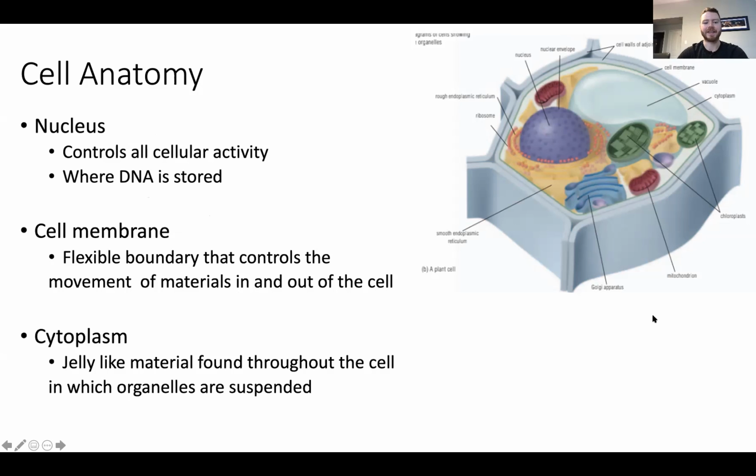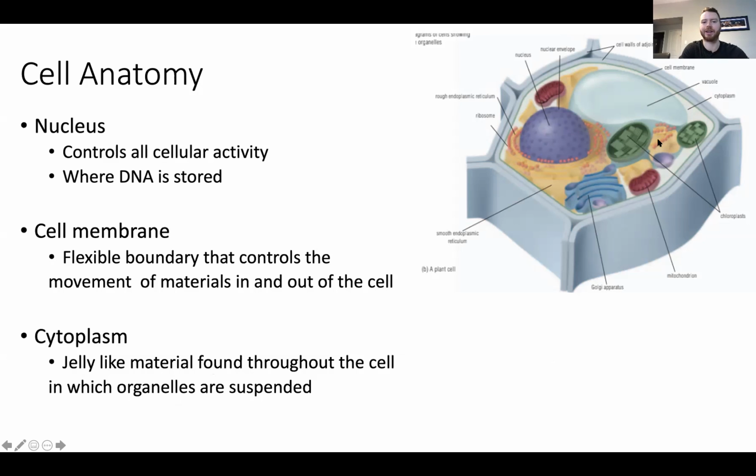Next, we have the cytoplasm. The cytoplasm is a jelly-like material, and it is all throughout the inside of the cell. It's a fluid in which organelles can be suspended. It keeps all of the organelles in suspension.